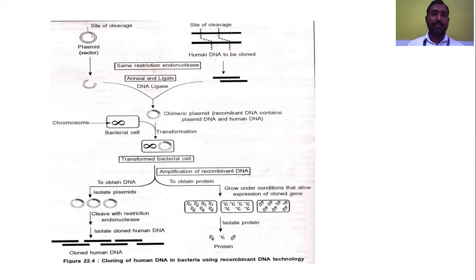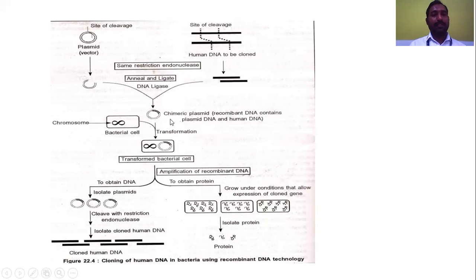So this is the complete diagrammatic representation. Here we have the plasmid vector with its site of cleavage, and the gene to be cloned. Both are cut with the same restriction endonuclease enzyme, and annealing and ligation are carried out by DNA ligase. Once the ligation is over, we obtain the chimeric plasmid, the plasmid containing recombinant DNA.